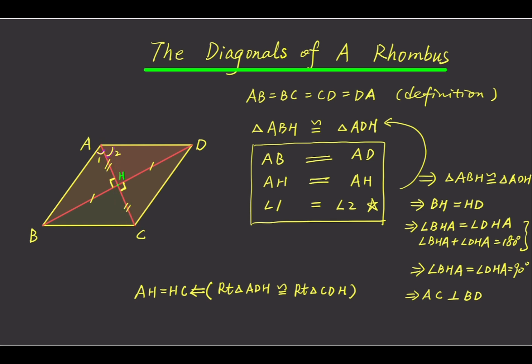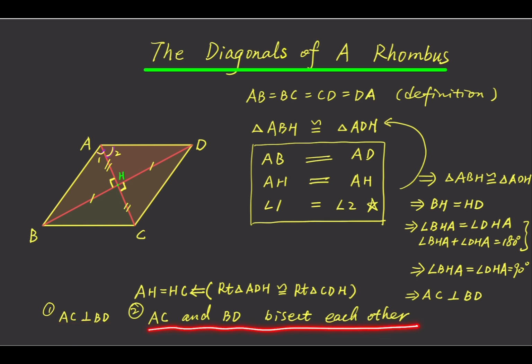So we can get the conclusion that AC is perpendicular to BD, additionally AC and BD bisect each other. So we can regard it as the property of the two diagonals. This is the first property. This is the second property.